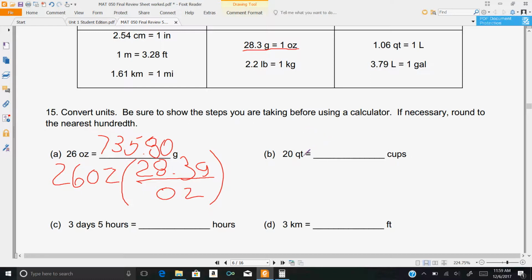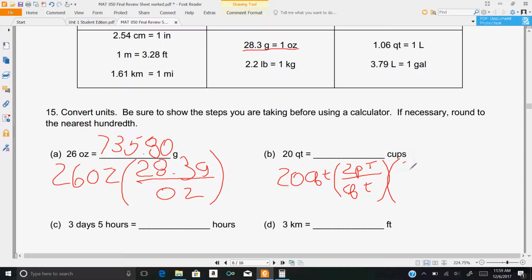Second one, I have to convert quarts to cups. And I'm not given that up here. So I have to remember that for every quart there are 2 pints. So 20 quarts times 2 pints per quart. That gives me pints, but I don't want pints, I want cups.